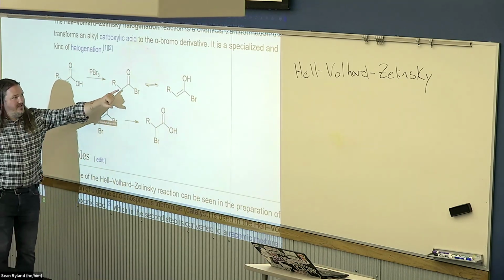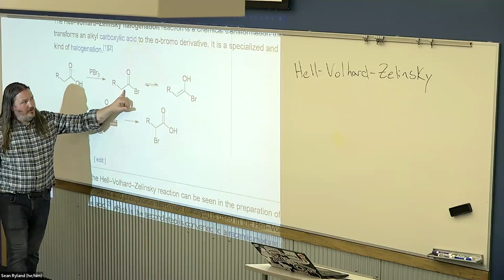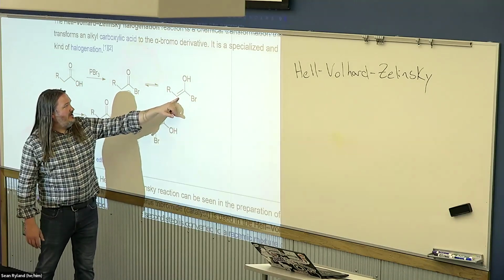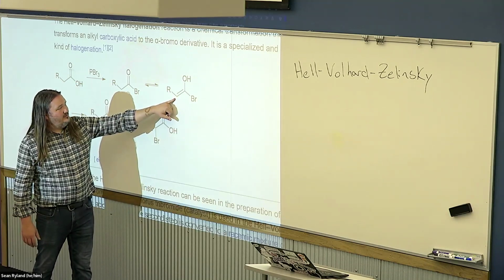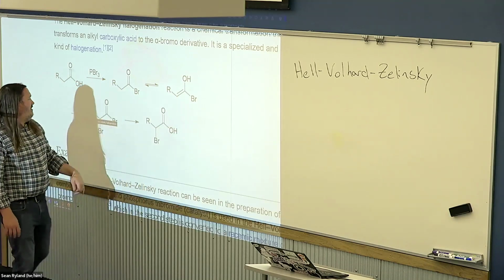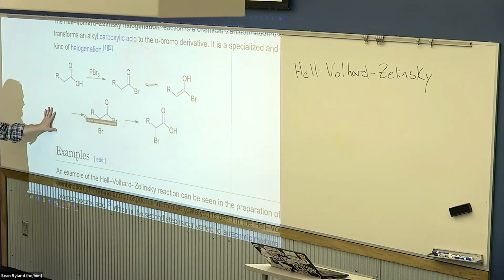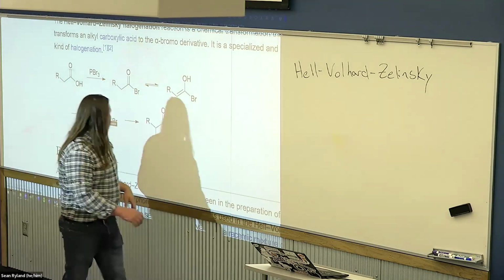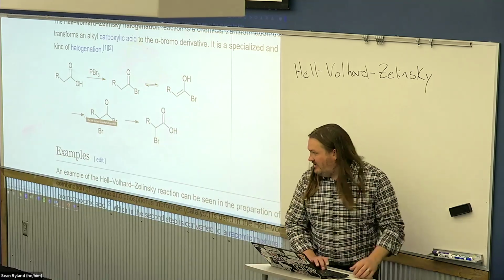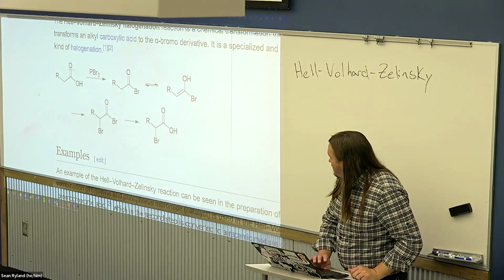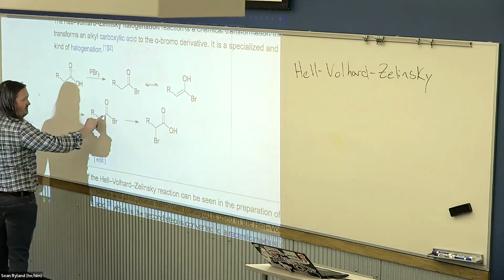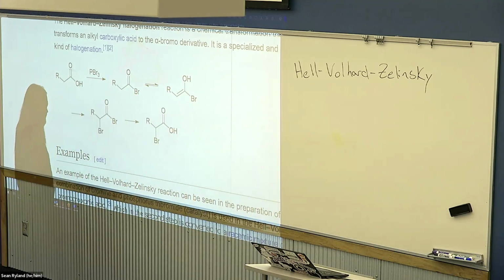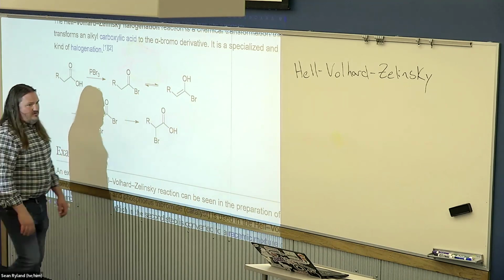So it starts by doing this, and then it does this weird rearrangement, which we can kind of see. That's just deprotonating the alpha carbon. But then it rearranges again to go back to a dibromo compound and then back to the carboxylic acid. And it'll actually do this.